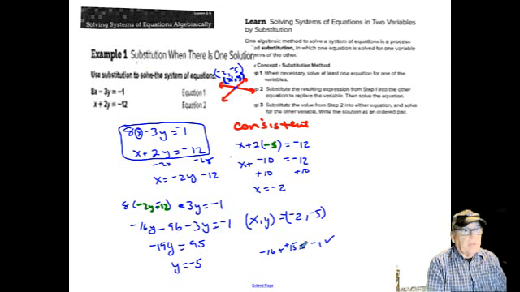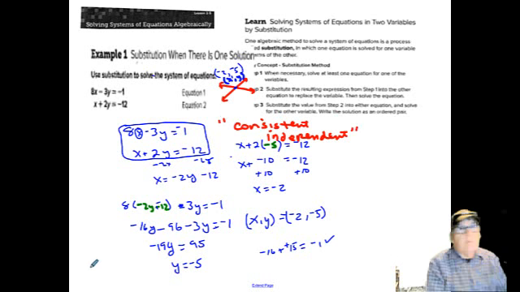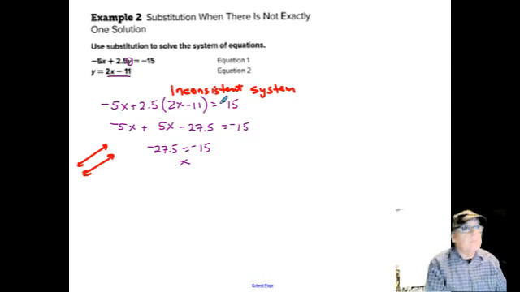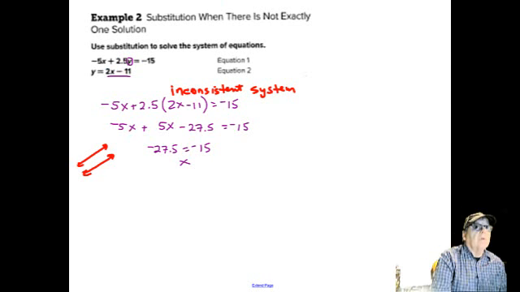And we only get one answer, so it makes it independent. So one solution we call the system, if we wanted to classify it, consistent and independent. If there's no solution, it's an inconsistent system. Let's look at the next part.